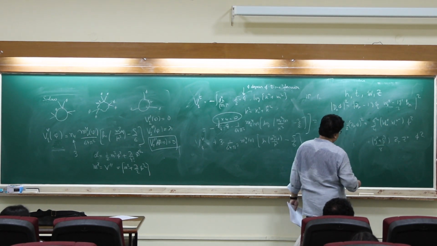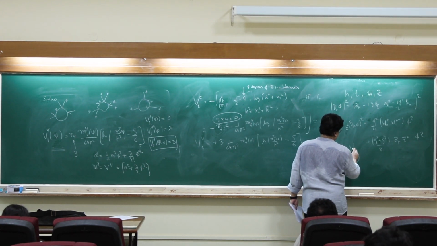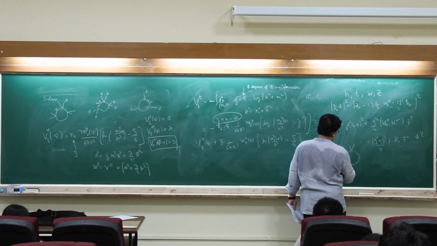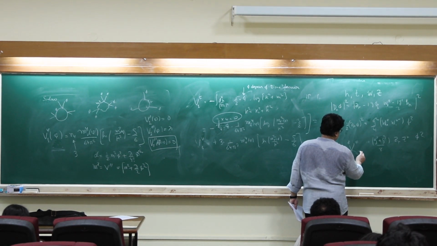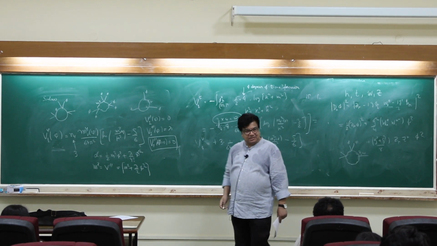So in terms of a diagram, it will look like phi and Z or W in the loop, and the contribution is this.